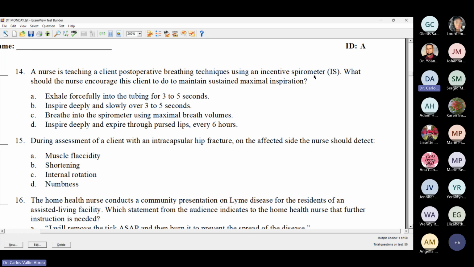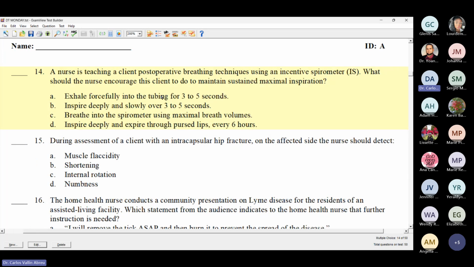Very good. What should the nurse encourage this client to do to maintain a sustained maximal inspiration? Exhale forcefully into the tubing for 3 to 5 seconds. Exhaling forcefully is blowing into the tubing for 3 to 5 seconds.